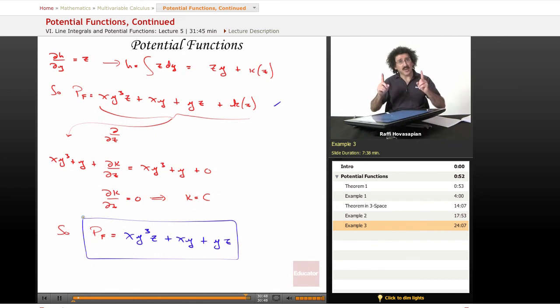We match corresponding terms, and then we integrate with respect to y. Along the way, we recover an extra function. We differentiate that with respect to the next variable, z. We set it equal to the third coordinate function. We match corresponding terms, and then we integrate with respect to z. And then we put it all together in the end to come up with our potential function. And that's it. It's that simple.